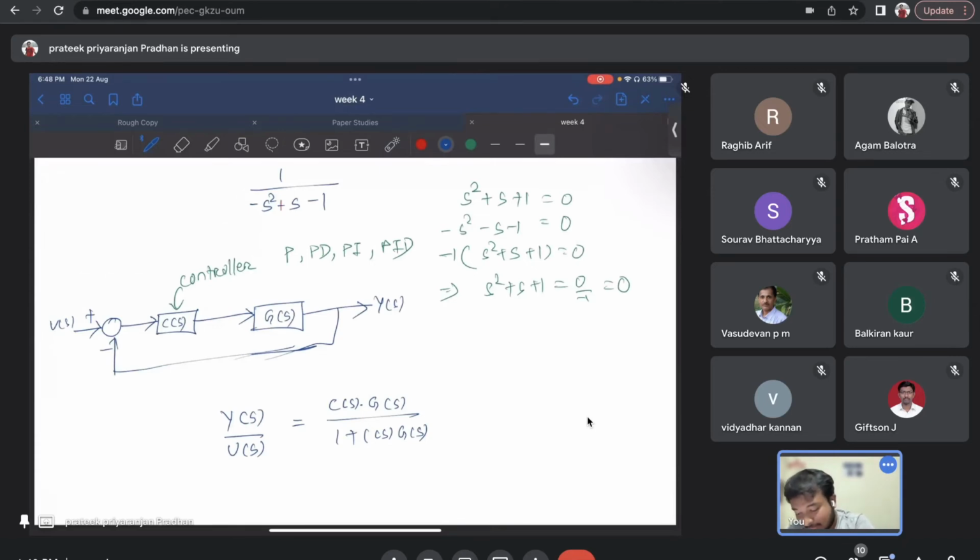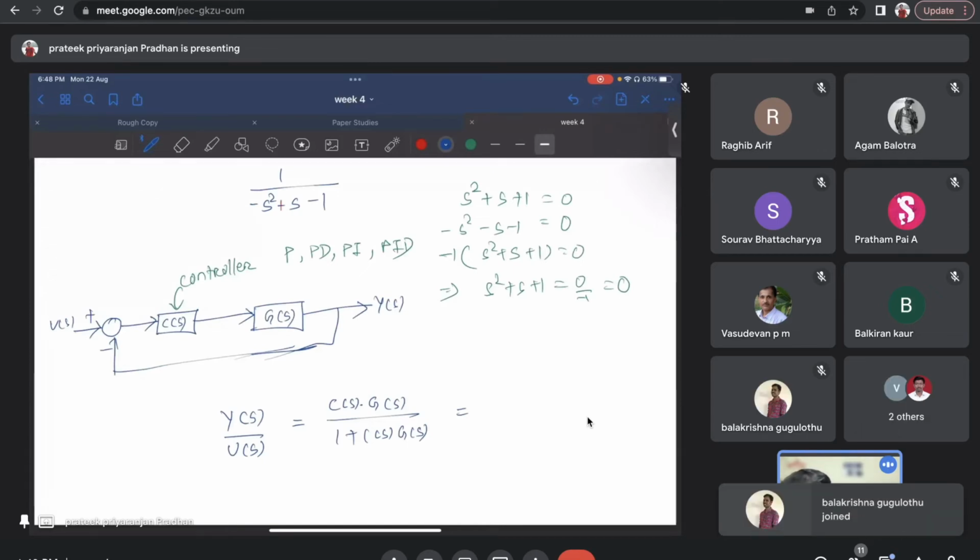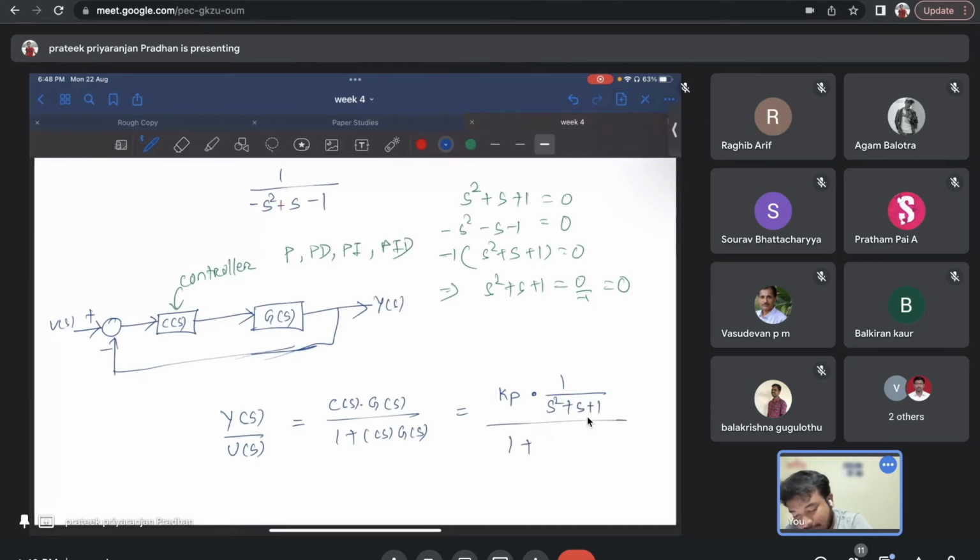So now if I do the calculations, what will be my closed loop transfer function? C of S is Kp, and my G of S, I know, is 1 by S square plus S plus 1, whole divided by 1 plus Kp whole divided by S square plus S plus 1.